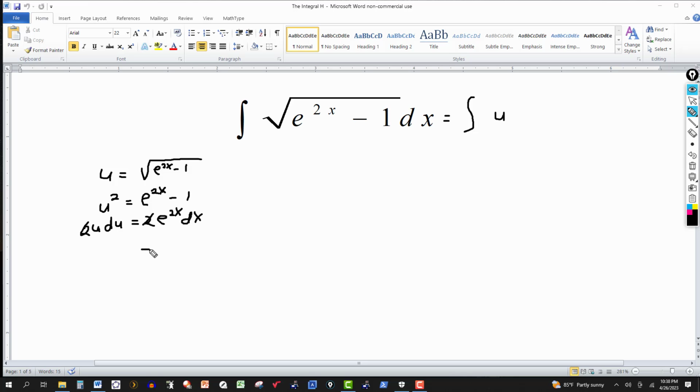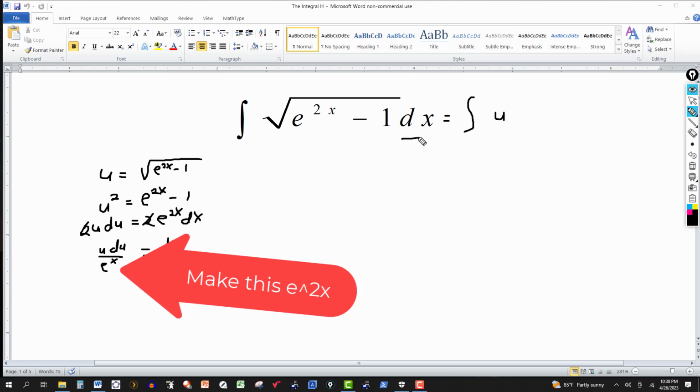And then over here we can say dx, dividing by e to the x, dx will be u du over e to the x. So this dx right here is replaced by u du, that's over e to the x.